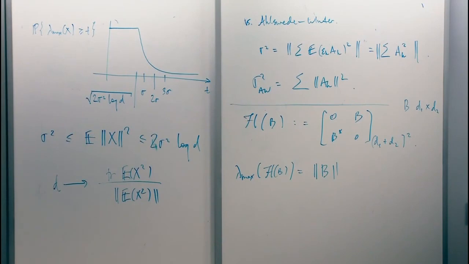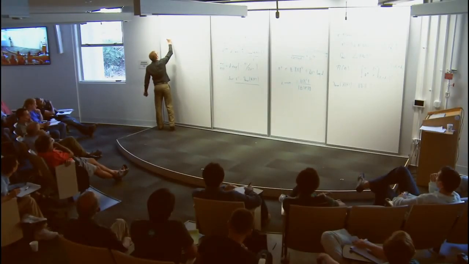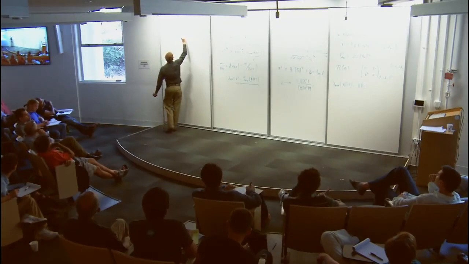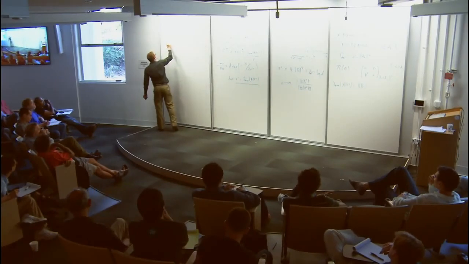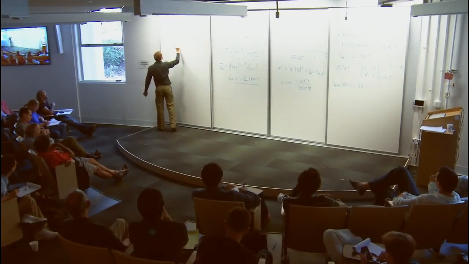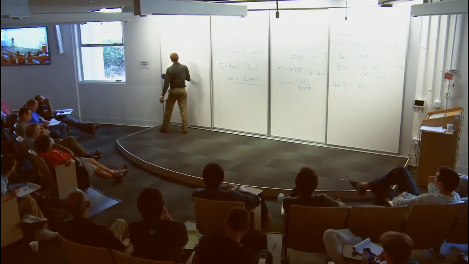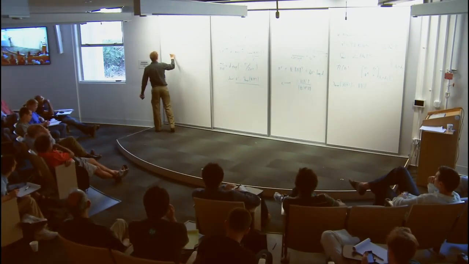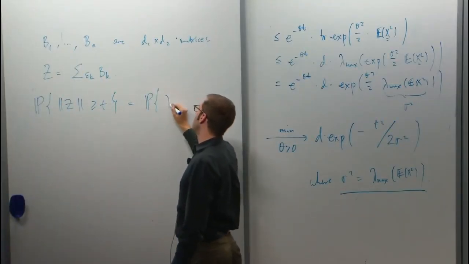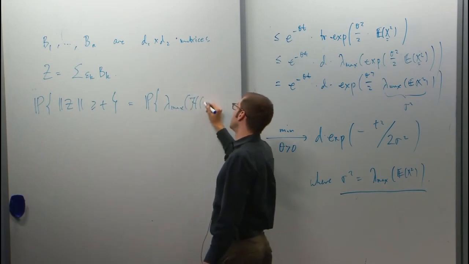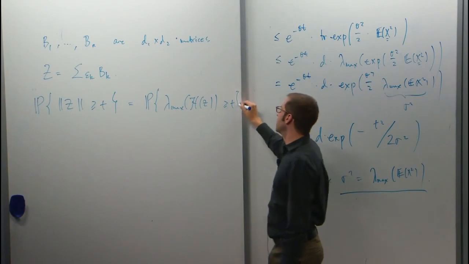So here's how this works. If B1 up to Bn are d1 by d2 matrices, and you're interested in a Rademacher series Z composed of these matrices, the probability that the spectral norm of Z exceeds t is equal to the probability that the maximum eigenvalue of H(Z) exceeds t.